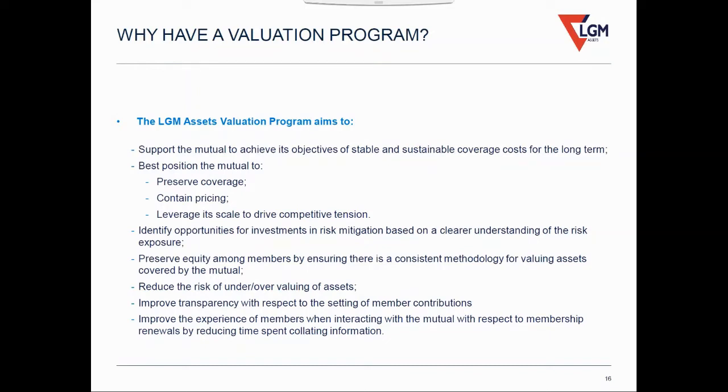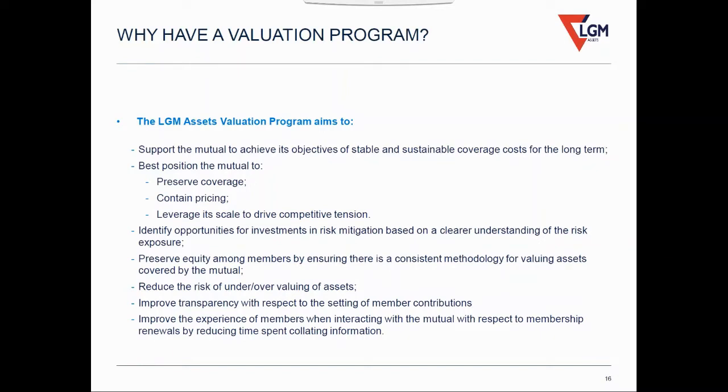So being able to answer those questions is critical to making sure that we can continue to preserve the cover that's in place without things like average or under insurance clauses being inserted. We can continue to contain pricing because we've got some certainty around and some understanding of what the exposure looks like.